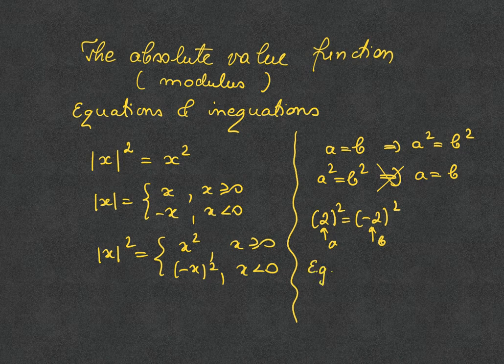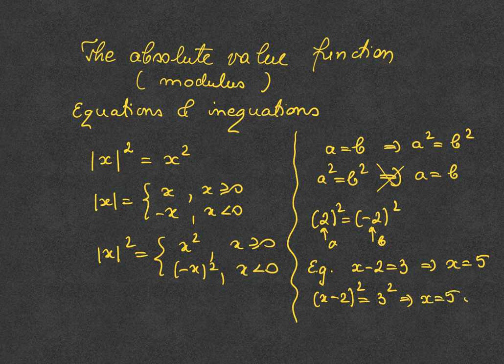For example, if we start with the equation x minus 2 equals 3, then it has a single solution, x equals 5. If we square both sides, then if we solve this equation, we are going to get x is 5 or x is negative 1.